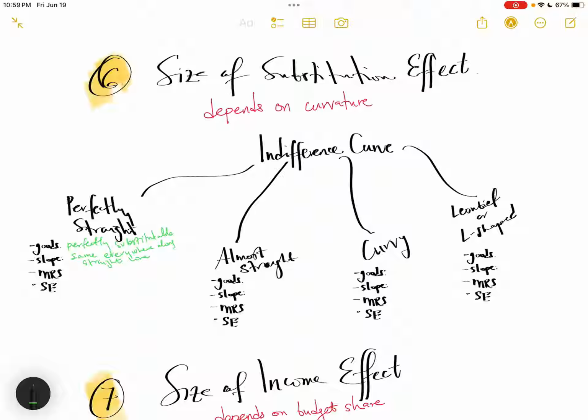This means that the slope of the indifference curve, which is the marginal rate of substitution, MRS, is also the same everywhere along the straight indifference curve.